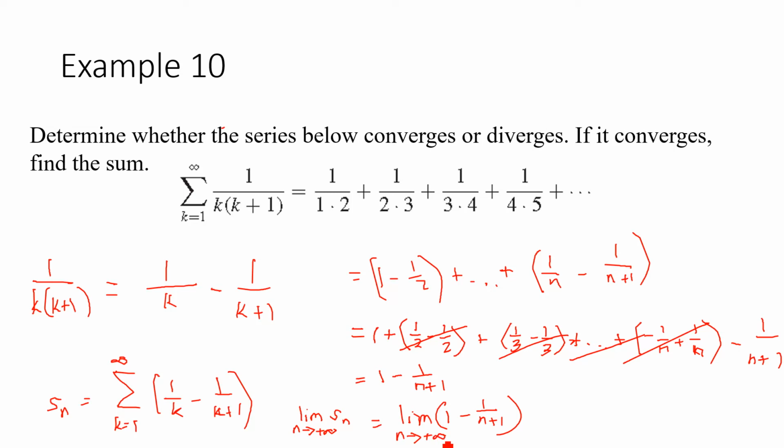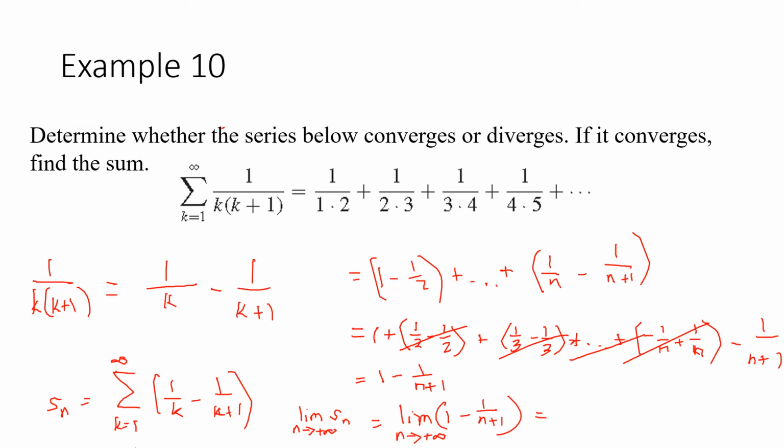In this case, the limit of 1 is 1, and then minus the limit of 1 over n, which is equal to 0. That would be 1 minus 0. As I said, the limit of a constant is constant.